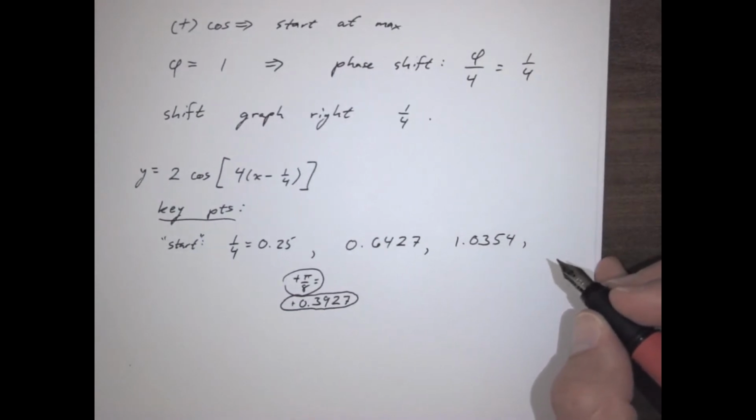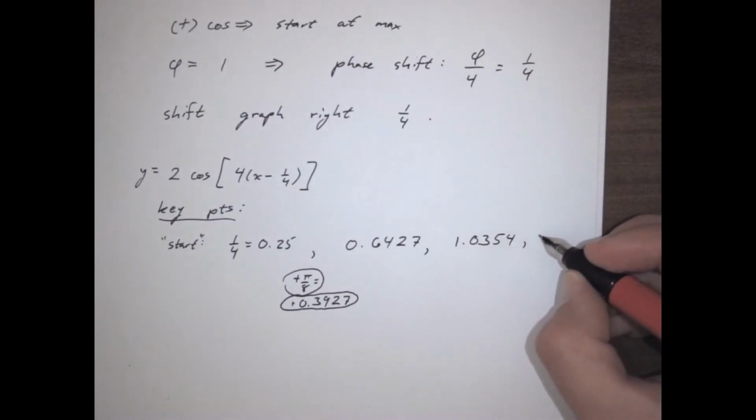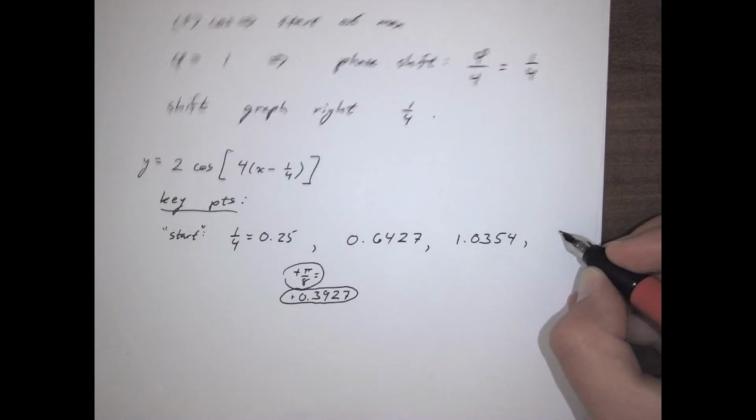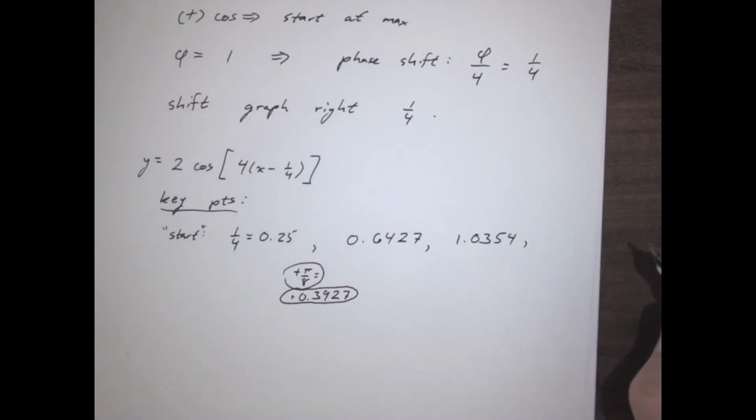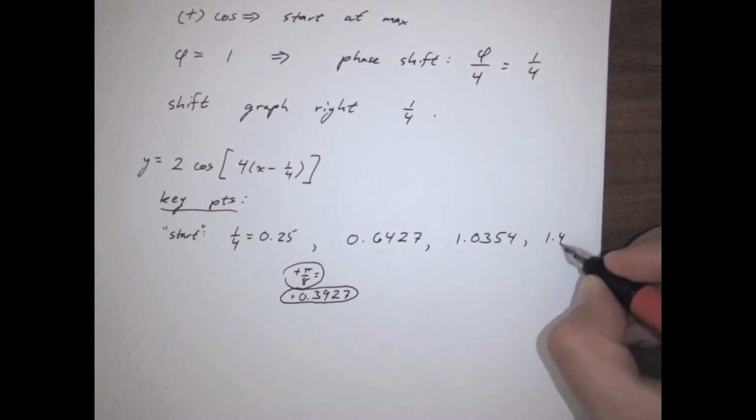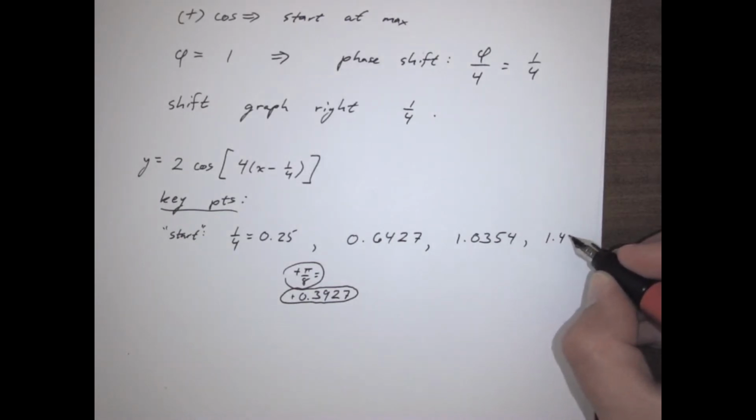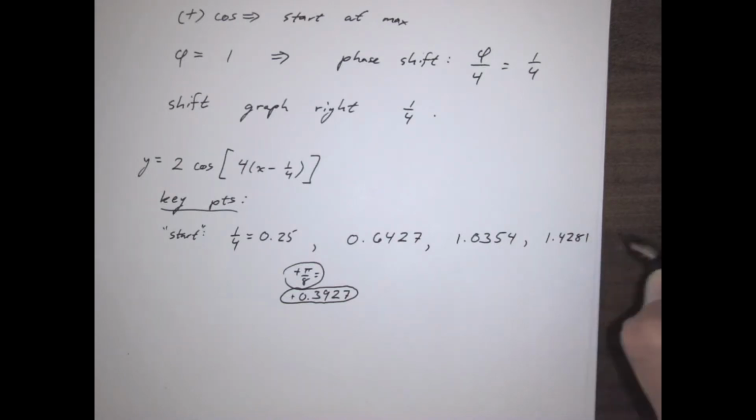And then the next one would be that plus again 0.3927, so that's going to be 1.4281, again if I round it.